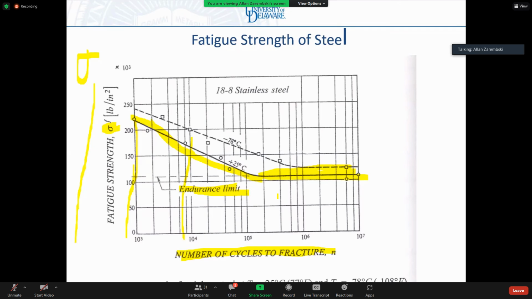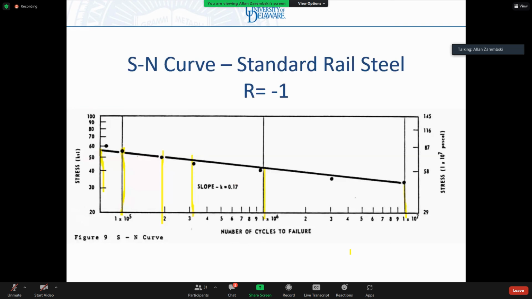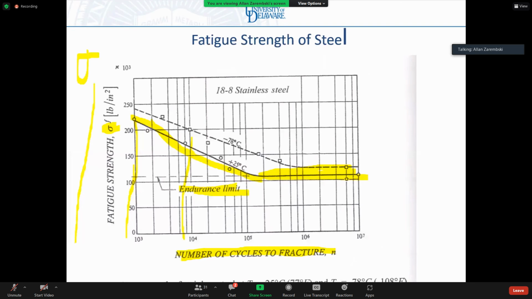And it's usually defined, depending on the type of steel, particularly for high strength steels, somewhere of the order of 10 million cycles. So usually at 10 million cycles, 1 times 10 to the 7th, 10 times 10 to the 6th, we usually define the endurance limit as the stress below which it will keep going forever. The number of cycles to failure basically is infinite.